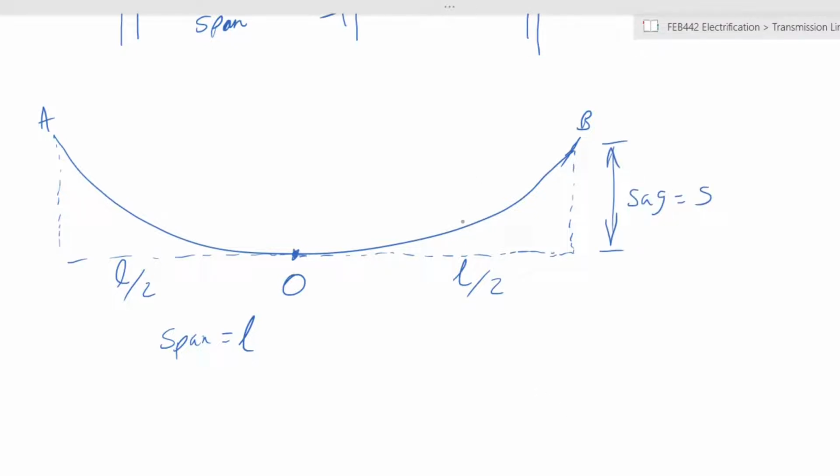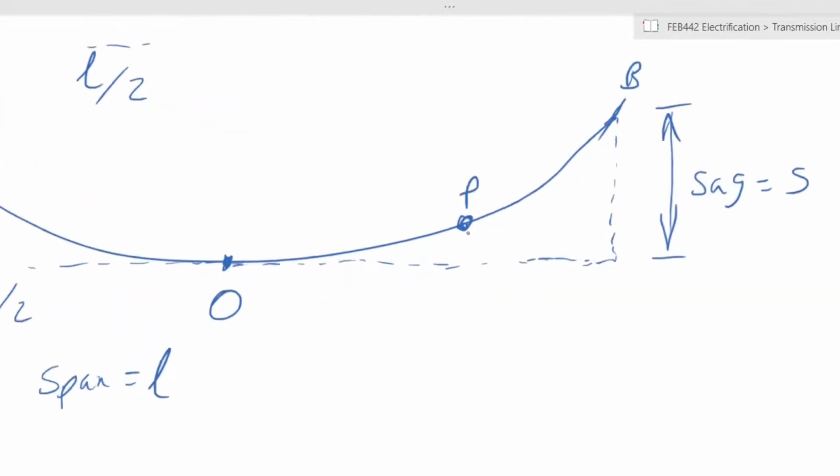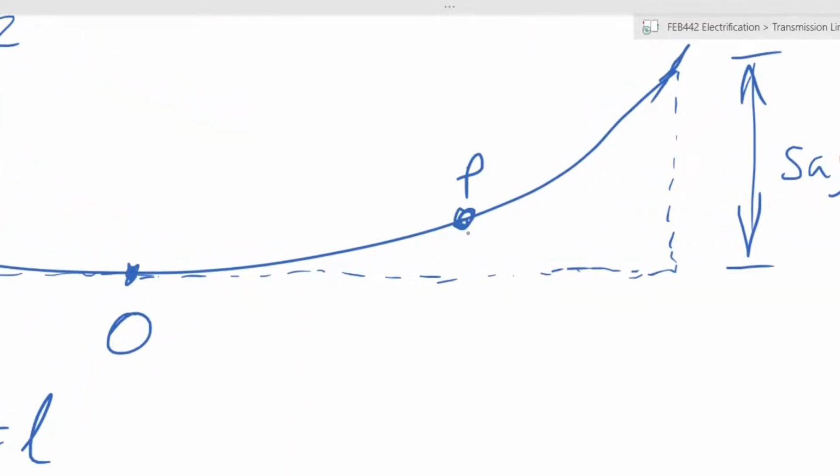Now, let's take a point, say there, let's call that point P. Now, at point P, you have a distance from O that is denoted by X, and a height from the lowest point, which is denoted by Y. Now, what are the forces that are acting on the wire itself at point P?